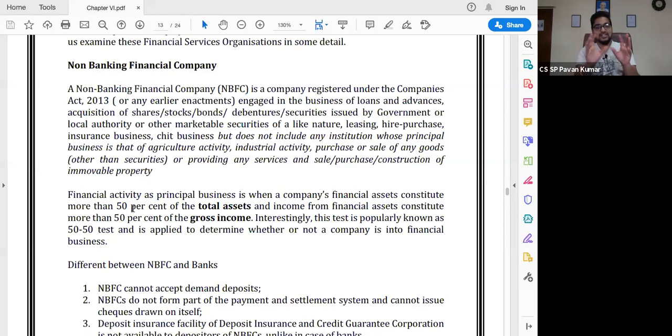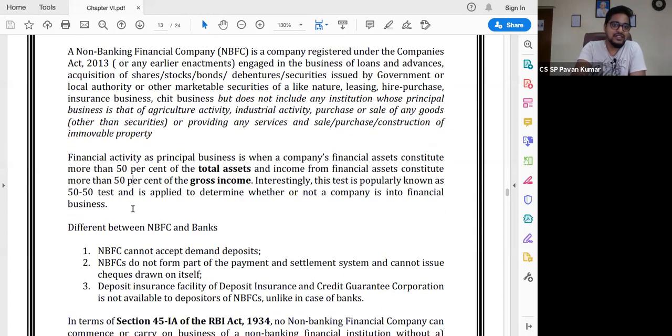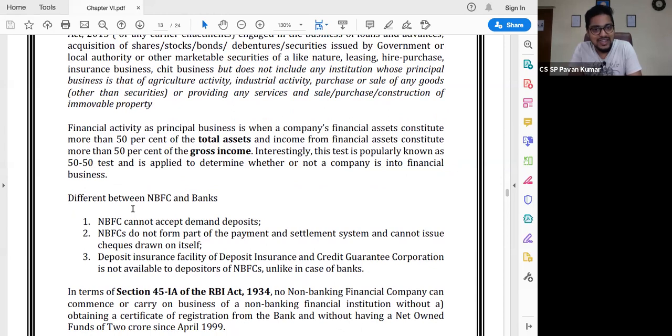So this is the definition given basically for an NBFC company. They are saying what an NBFC company can do, and NBFC companies are defined based on their work, what they can do. Okay, and if I want to get registered as an NBFC company, I have to satisfy something called the 50-50 test. Financial activity as principal business is when a company's financial assets constitute more than 50% of the total assets, and the income coming from the financial assets contributes 50% of the gross income.